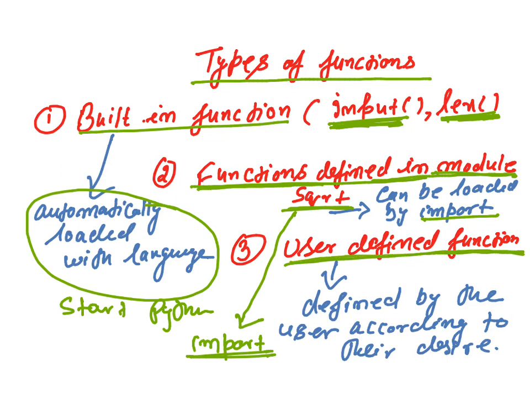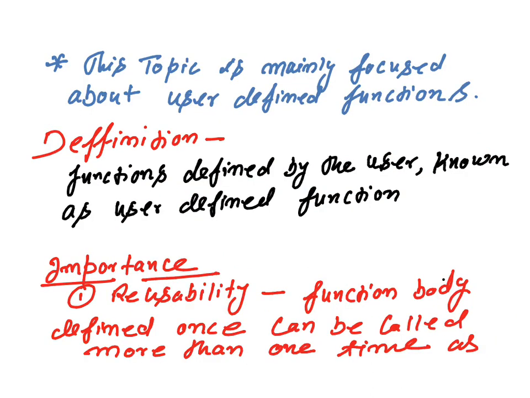Then the last one is the user-defined function. These are the functions which are defined by the user. So a very simple definition of a user-defined function is: functions defined by the user. Now, what is the need to define a function by the user when we already have functions in Python? Sometimes we need more functions which are not included in Python, and we want to create some functions of our own.